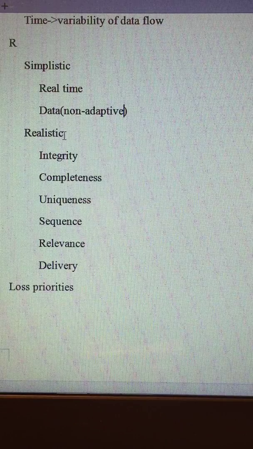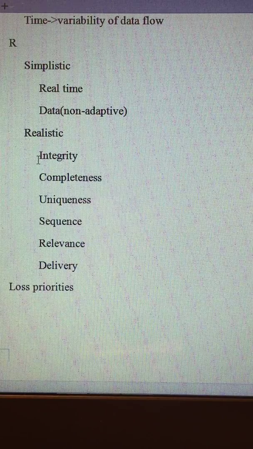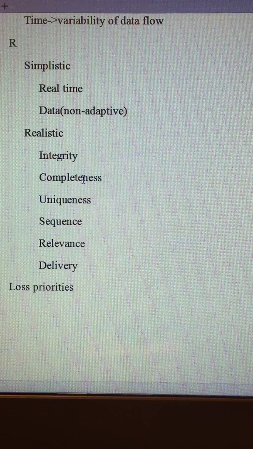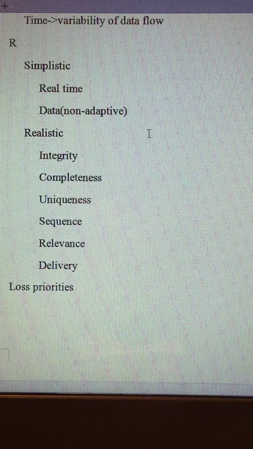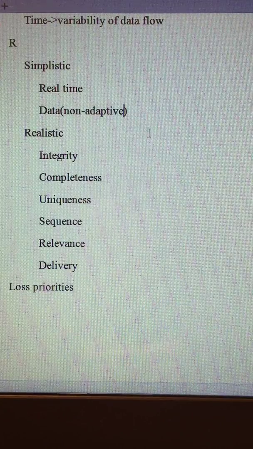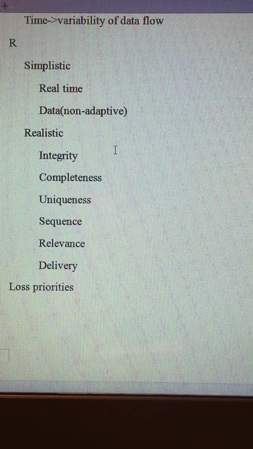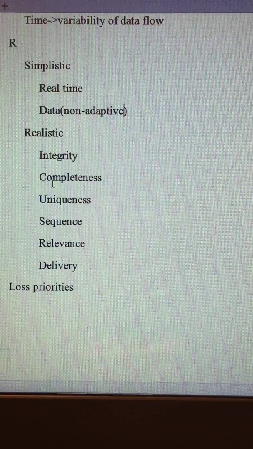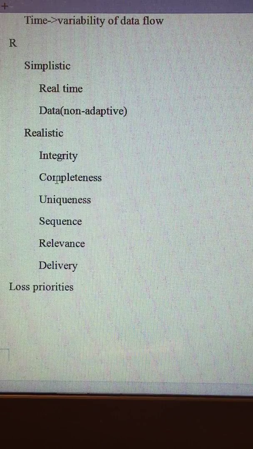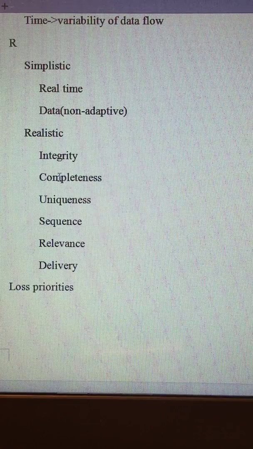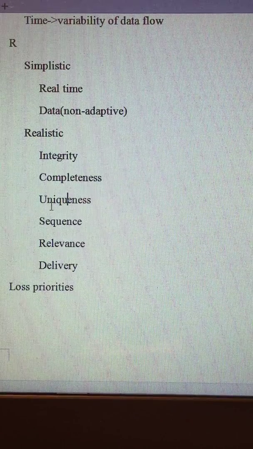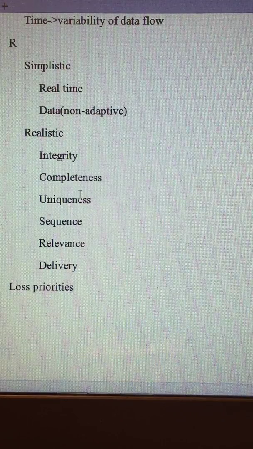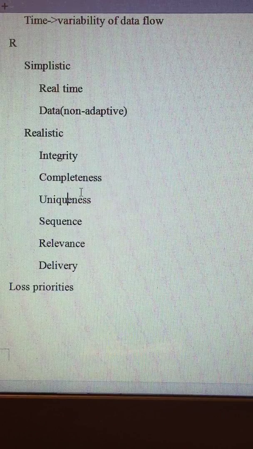But for the realistic definition, it is composed of 6 main parts. Integrity means what is received by set B is what was transmitted by set A. Completeness means everything transmitted by set A is received by set B. Uniqueness means the information is only received once, not twice or more times.